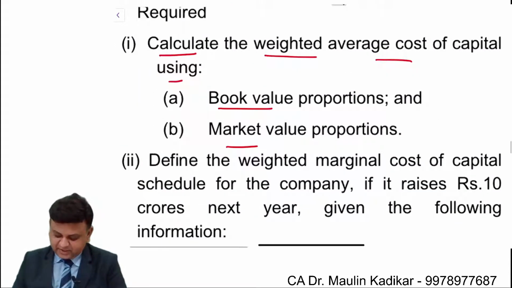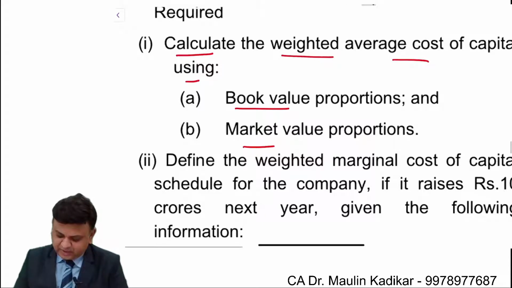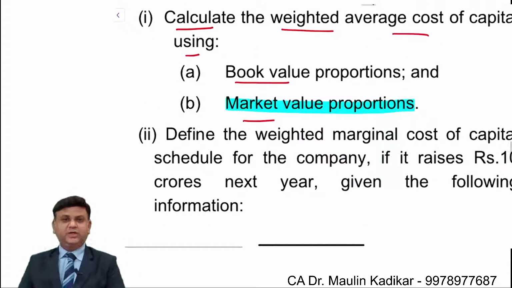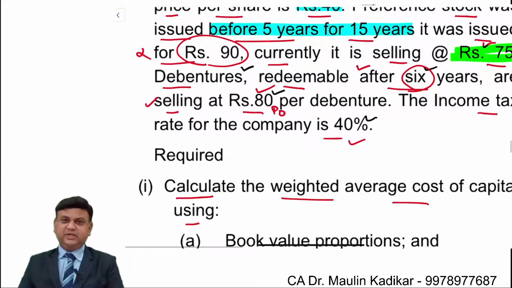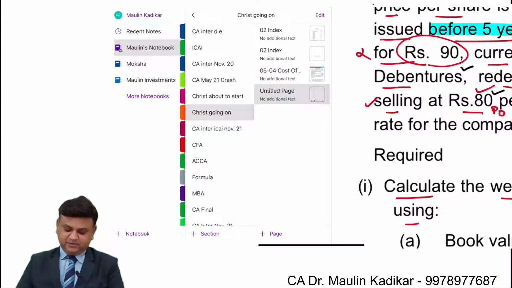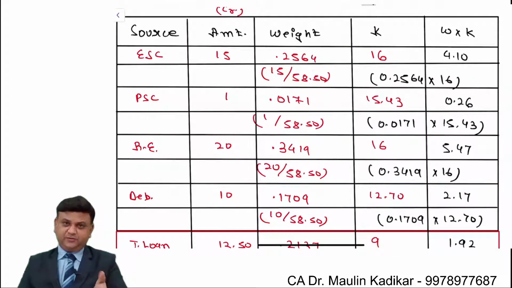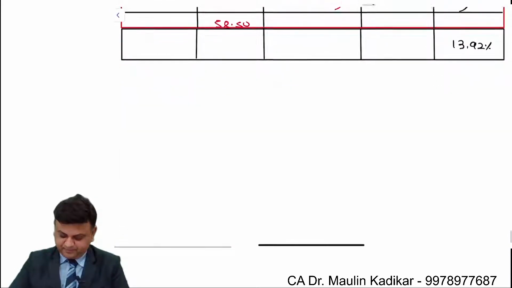Now B part of the question says you are required to compute the answer using the market value proportion. So instead of taking the book value of the security, we will take the market value of the security. And in that we have to be careful that the market value of the equity share capital is divided into book value of the equity and book value of the retained earning.